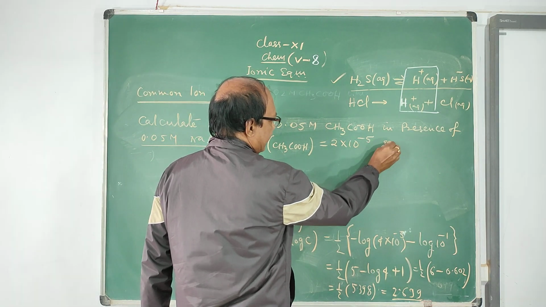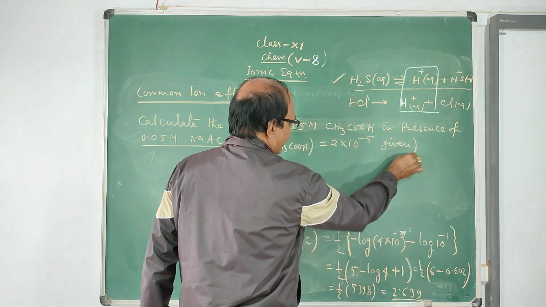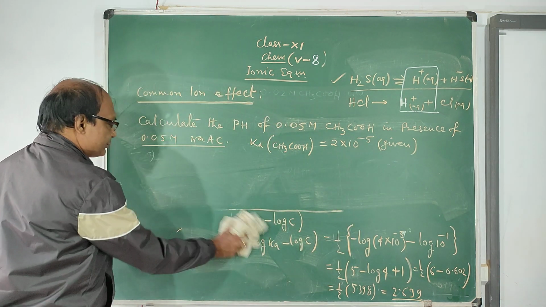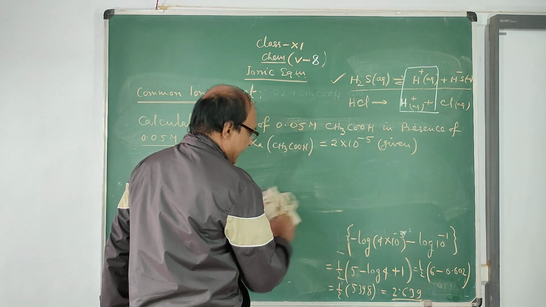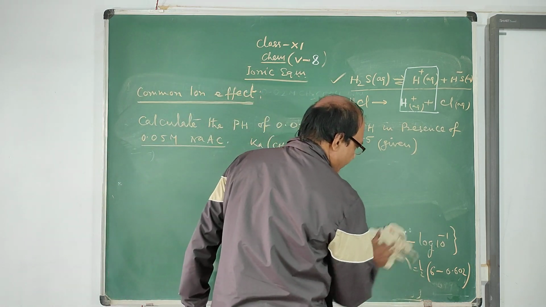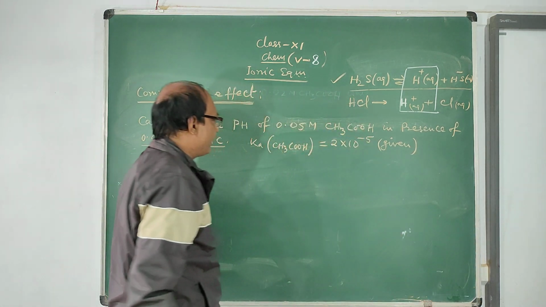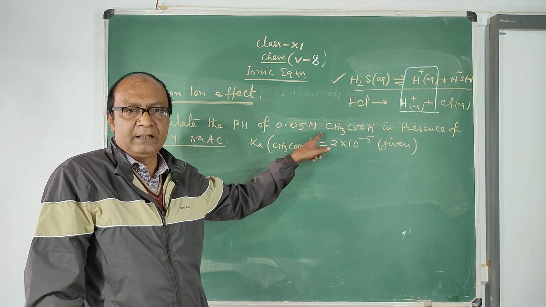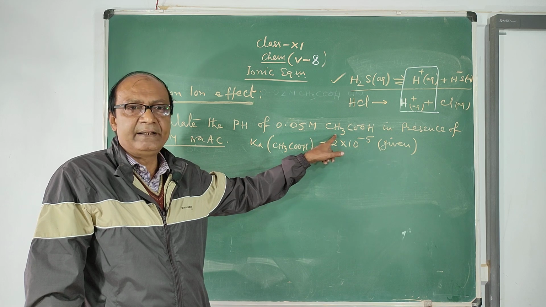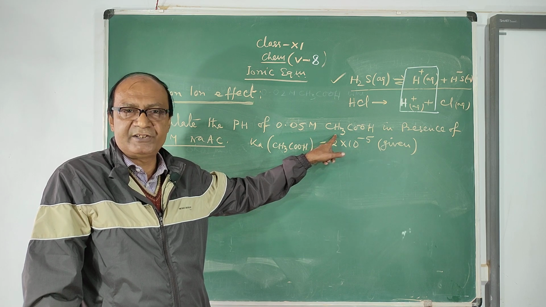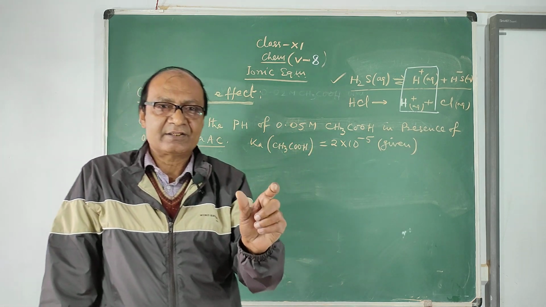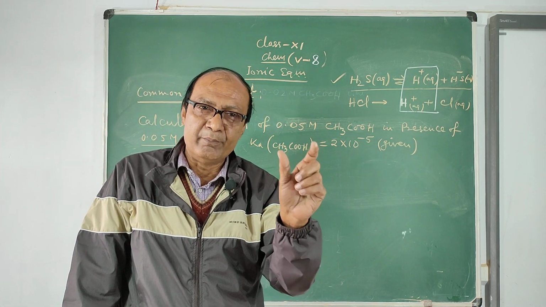See how to solve this question. Remember here, the concentration of acetic acid is 0.05 molar. In water, it will be ionized into acetate ion and hydrogen ion, and the hydrogen ion concentration will be more.